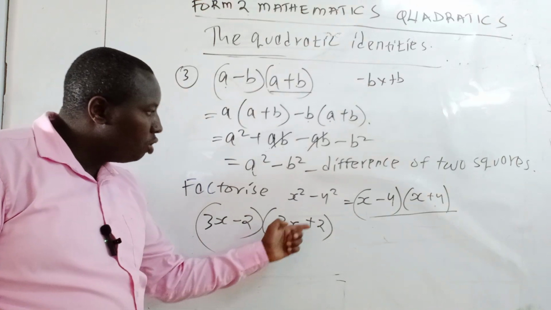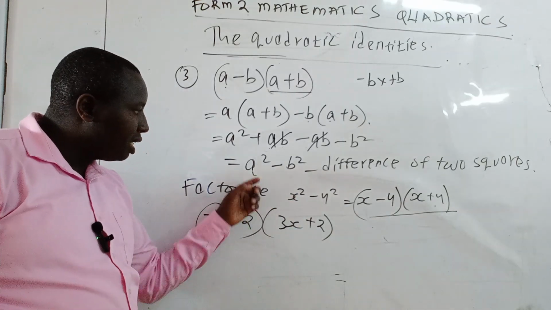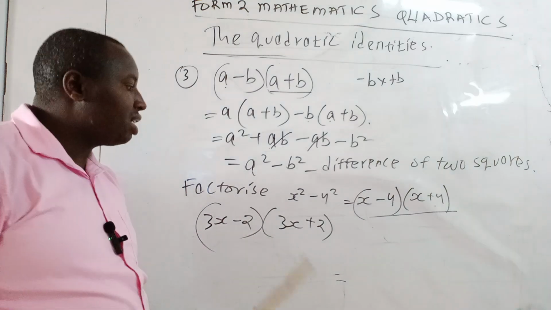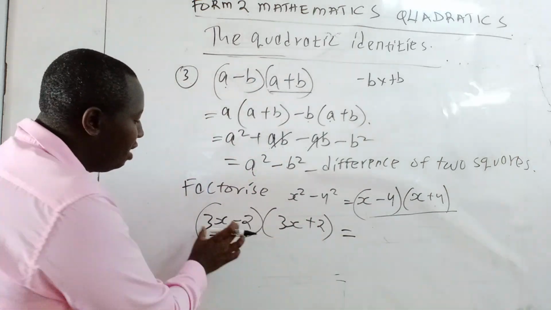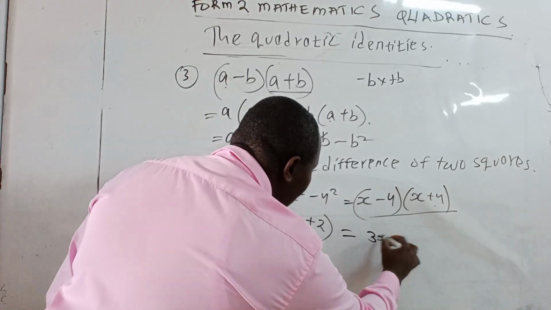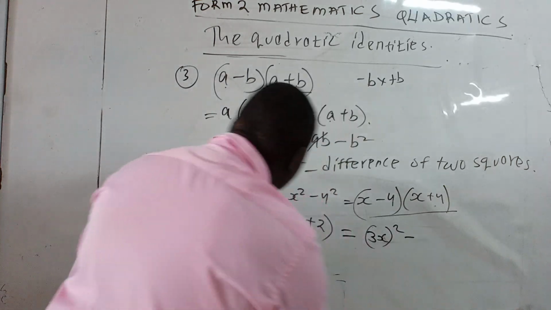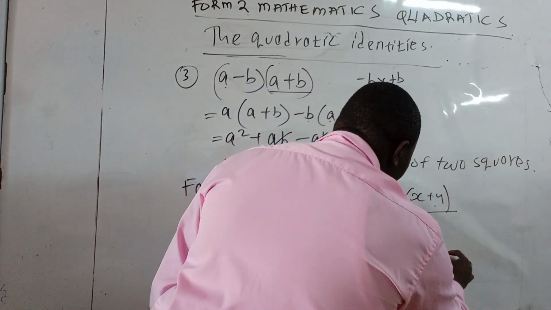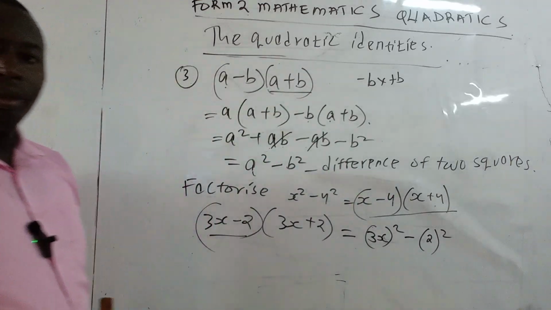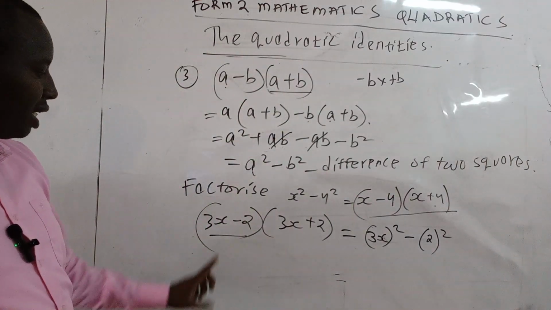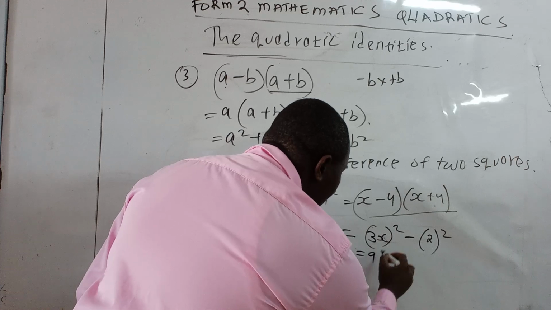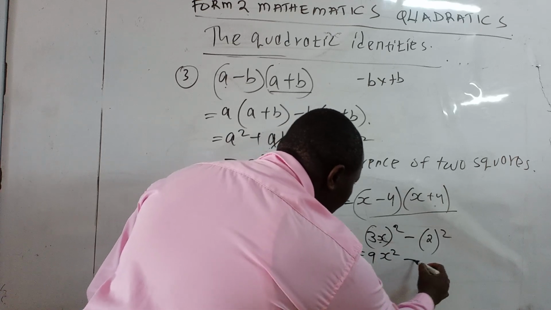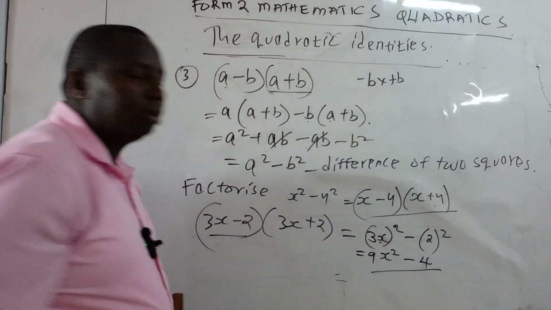If you expand this, you square the individual values: 3x squared minus 2 squared. You take the one that is negative and square, so 3 squared is 9, x becomes x squared, minus 4.